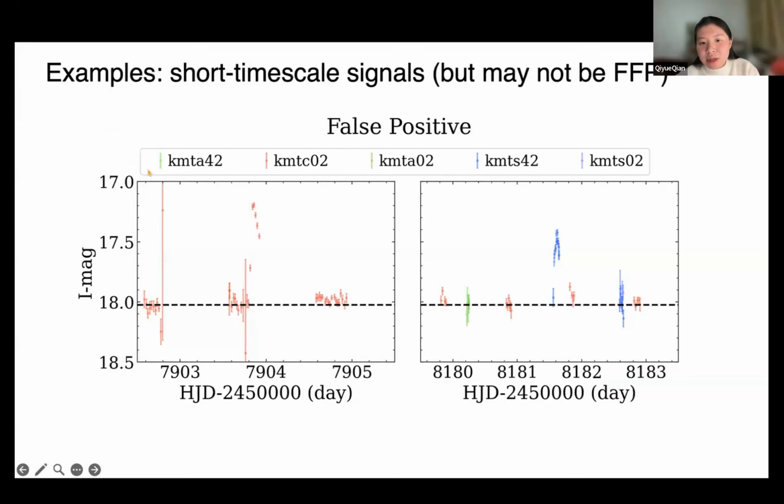So we consider it not an event caused by an FFP, but a variable star or flare. Although we have not detected any FFP candidates in the current sample, the detection of the other short timescale signals still shows that our pipeline has enough sensitivity for FFP detection.